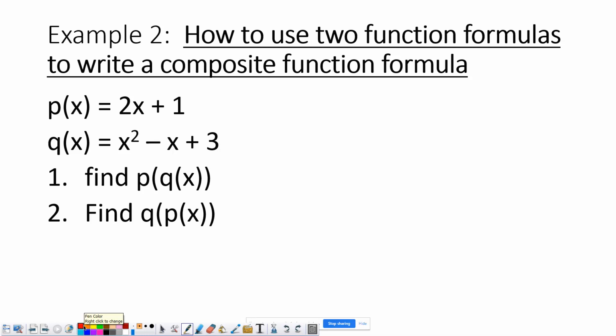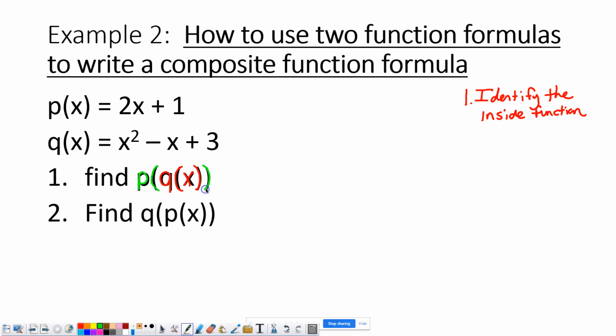So the first thing you need to do is make sure you know which one is the inside function. In this case, my inside function for number 1 is q of x, because it's inside the parentheses of the p function.